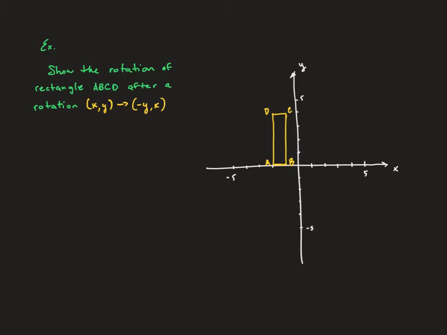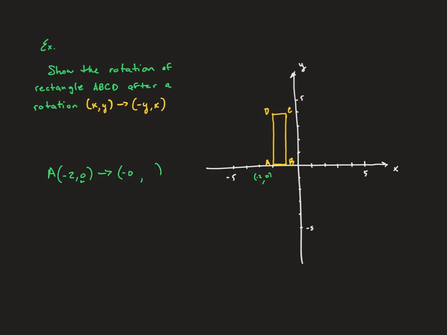So if I look at point A here, point A is the ordered pair (-2, 0). So A (-2, 0) maps to, so I want to take my y value and make it my x value and make it negative. So that would be -0, right, because that was my y value, and I'm placing it here.